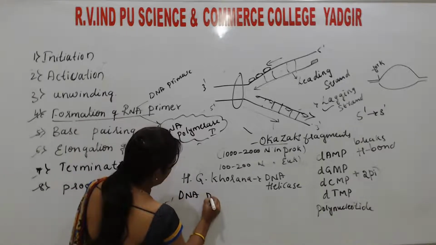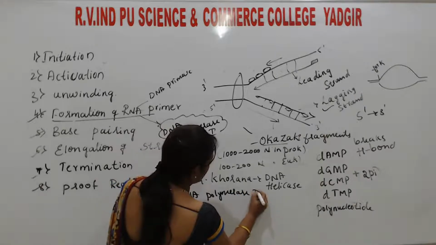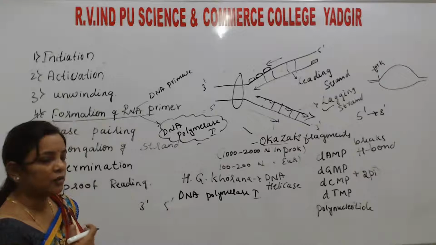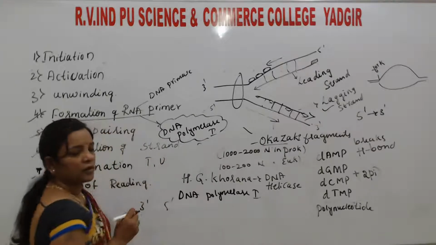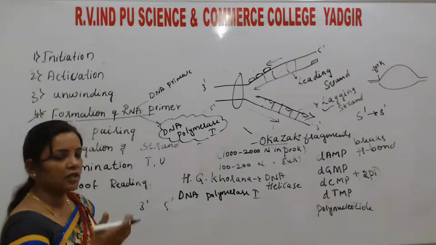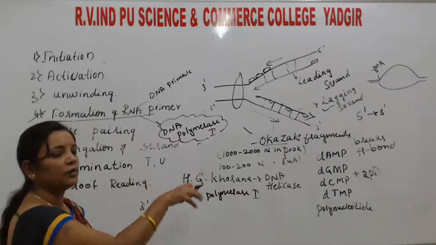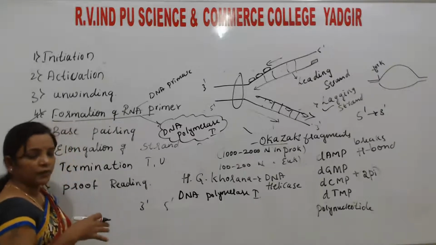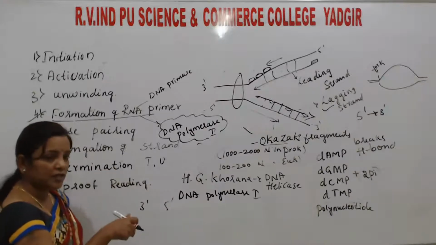DNA polymerase 1 especially will remove any mismatching, for example, thymine and uracil. Sometimes by mistake, instead of thymine, they have been coded for uracil. In that case, rechecking. Okay, proofreading is nothing but what? Recheck if any mistakes are there.